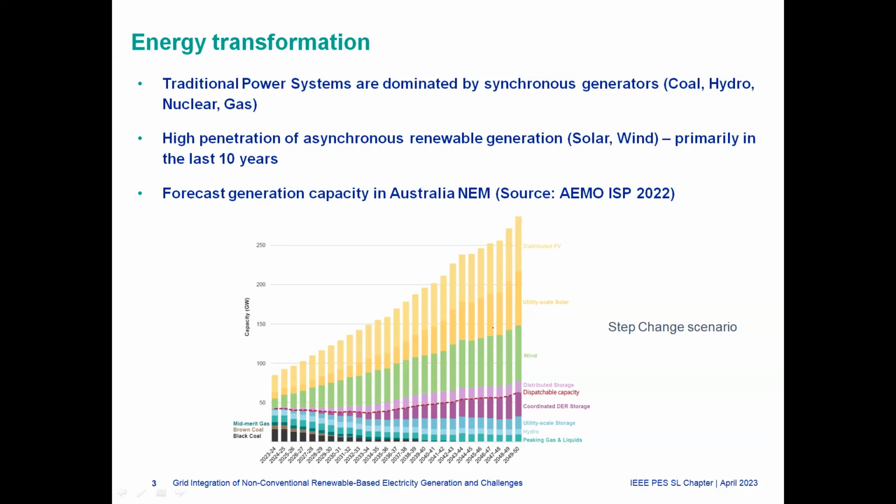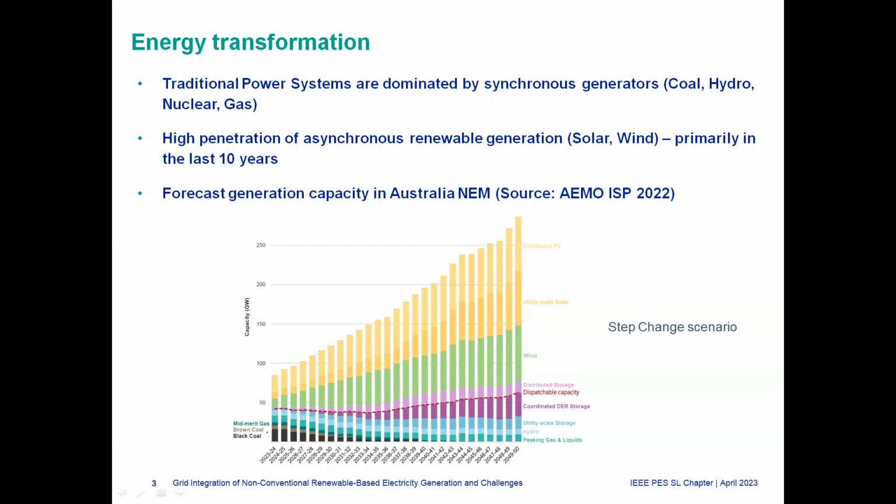So you can see a significant amount of generation capacity taken over by solar and wind in coming years. If we start from this year, even now in Australia there is a significant uptake of solar and wind, about 50 gigawatts of capacity or even more.